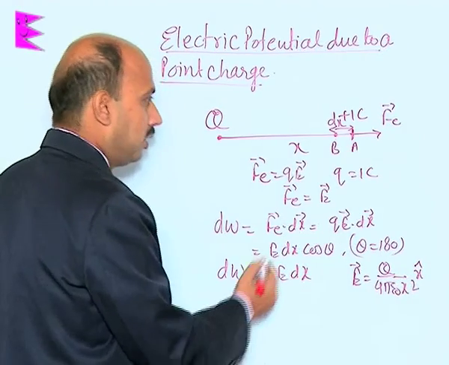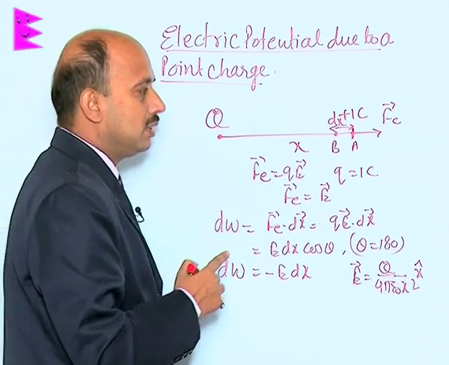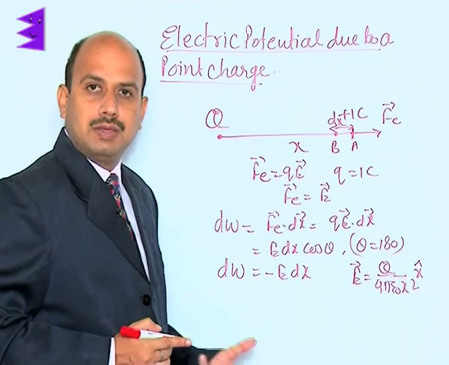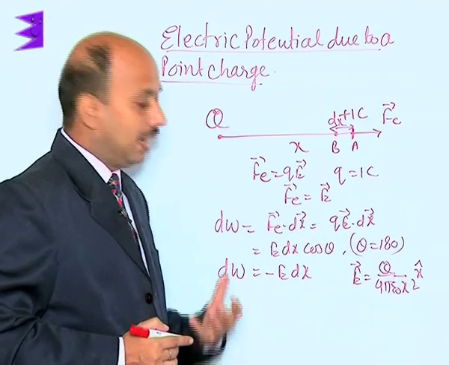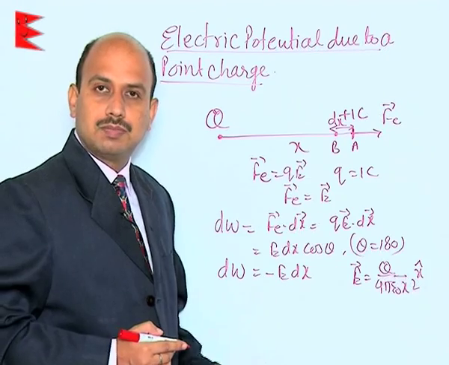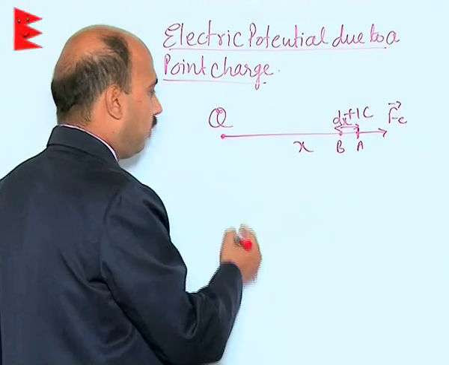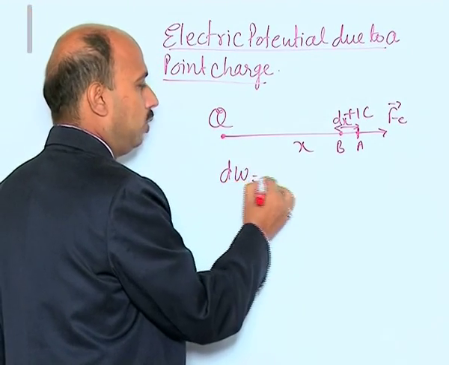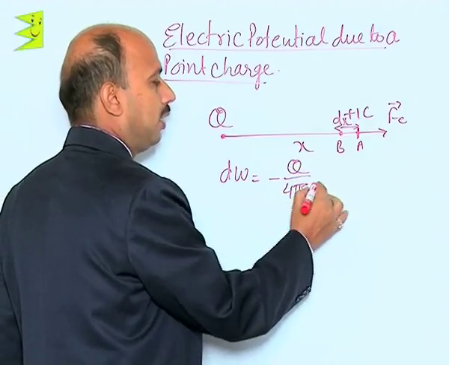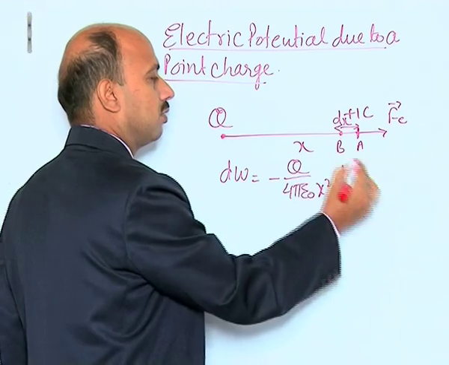So, we can write the total work done in bringing the charge from infinity to any point P. We can calculate that work done by putting the limits and using integration. By putting the value of E, we get dW = minus Q upon 4 pi epsilon naught x square dx.